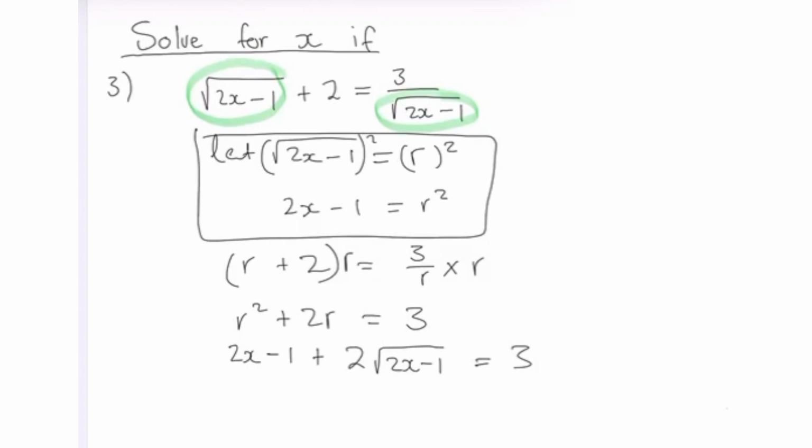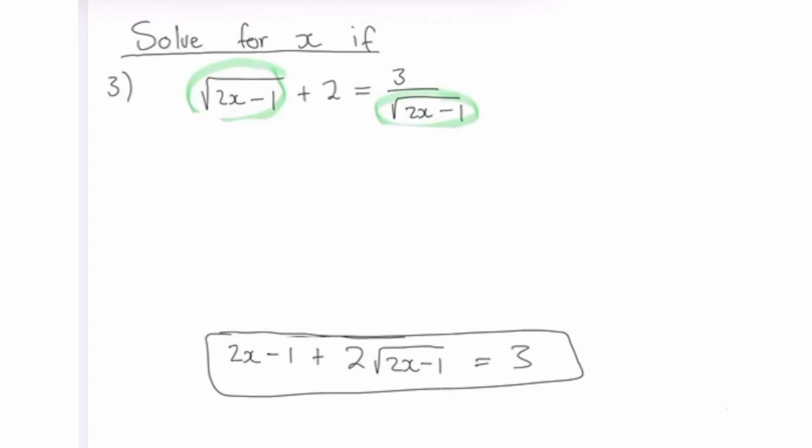I'm doing this because if you encounter challenges, this is the first way to get to this point. Let me show you the second way to get to the very same point. The second way is that we multiply right from here. You multiply both sides by the one that we highlighted, so that we remove it from the denominator.